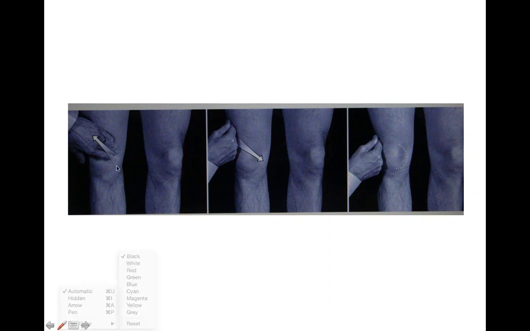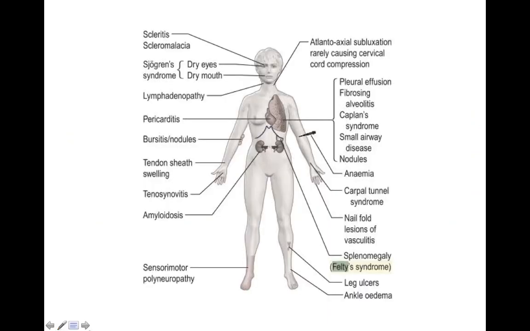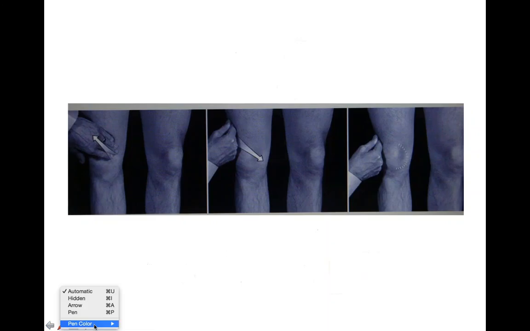You press this joint, and the fluid will move toward this side. This will be seen as a bulge. So this is the bulge sign, because of excessive secretion of the fluid.